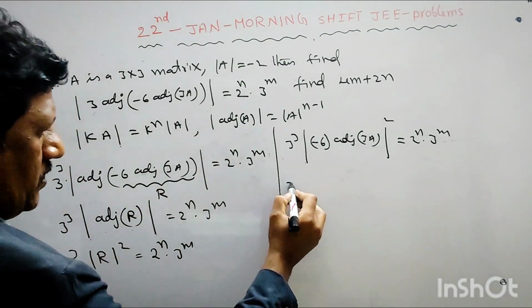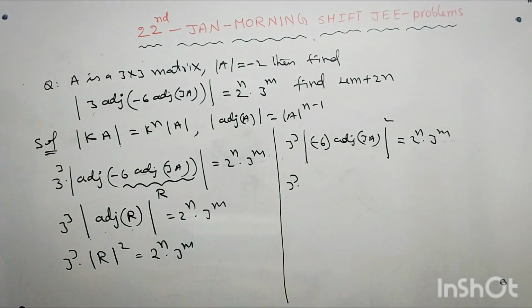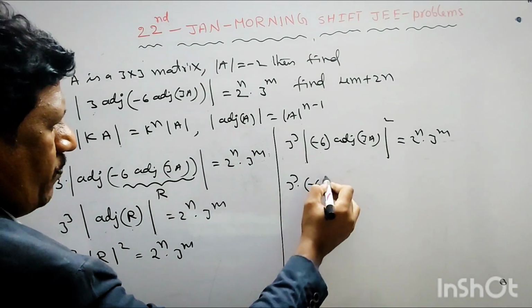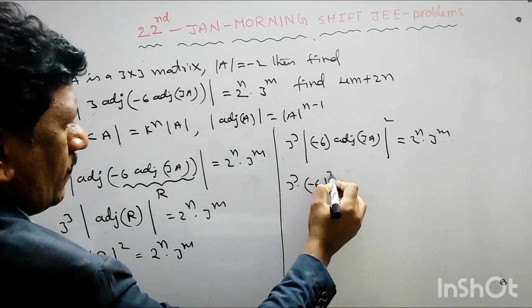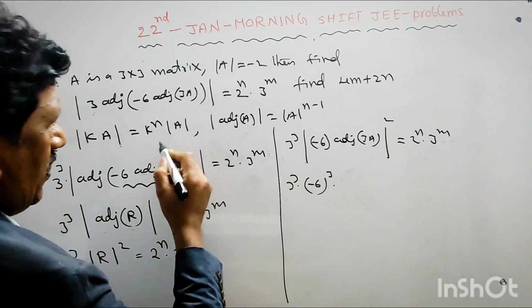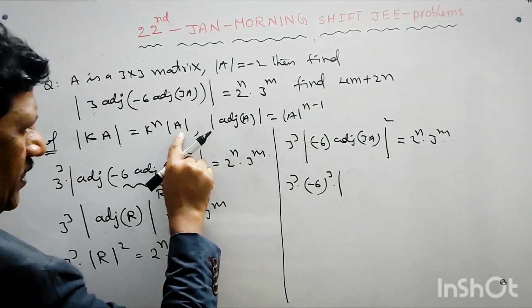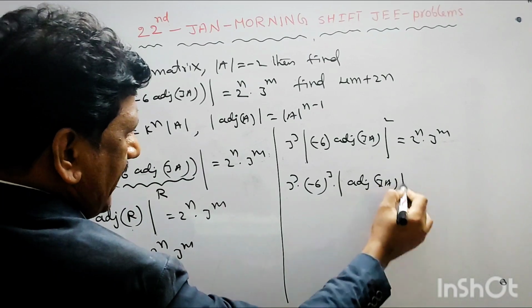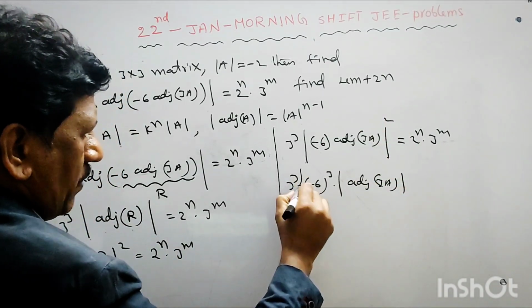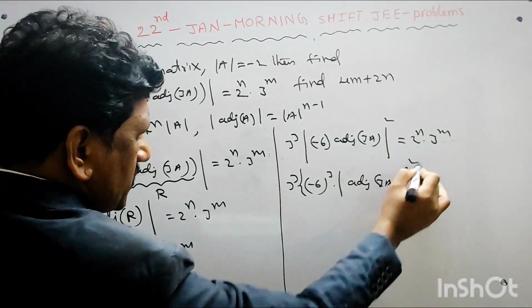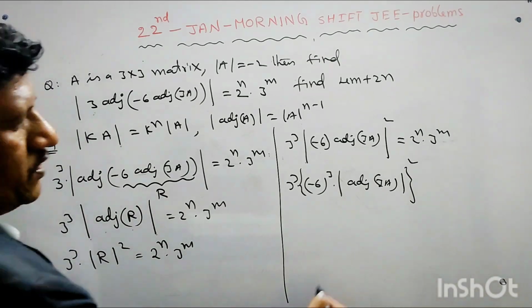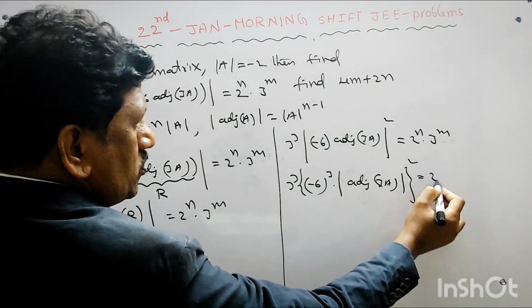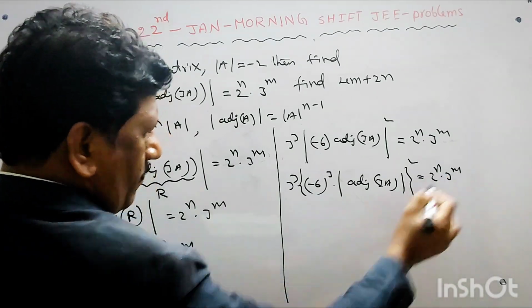That means 3 power 3. What is the formula? K power n. K means minus 6 whole power n, where n is 3 here, into det of A. Here A means adjoint of 3A, with this whole square, is equal to 2 to the power of n into 3 power m.